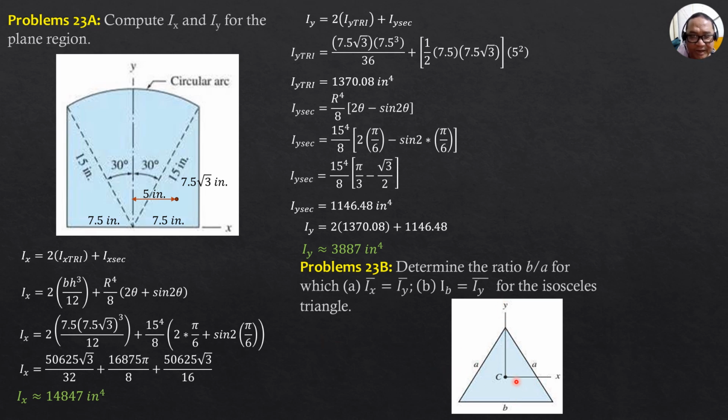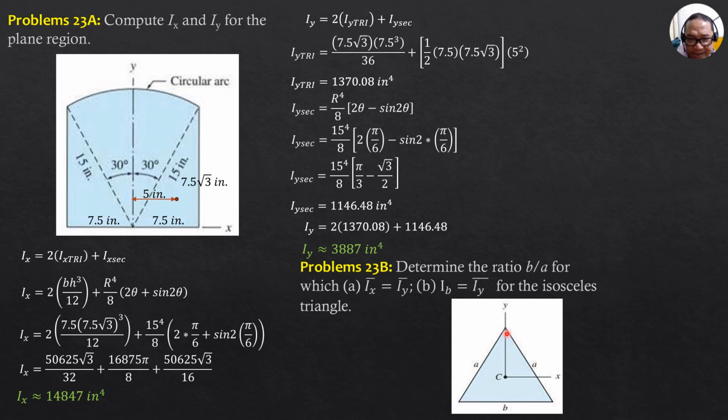So the formula for I barred x for the triangle is base times height cubed over 36. Then I barred y for the triangle, this is the centroidal y-axis. It is not the same as that of the I barred x of the triangle.